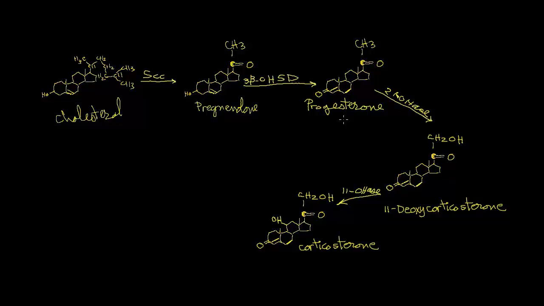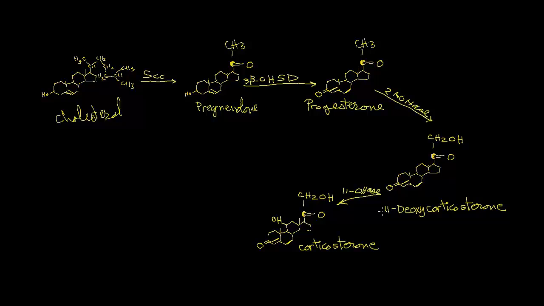Then progesterone proceeds to be converted to 11-deoxycorticosterone, which is called DOC, by hydroxylation at carbon atom number 21. This reaction is catalyzed by 21-hydroxylase enzyme, which is also an endoplasmic reticulum enzyme.